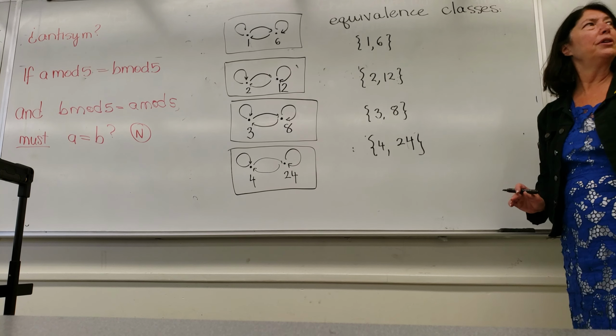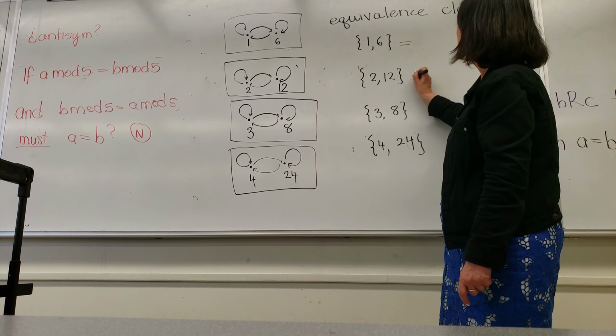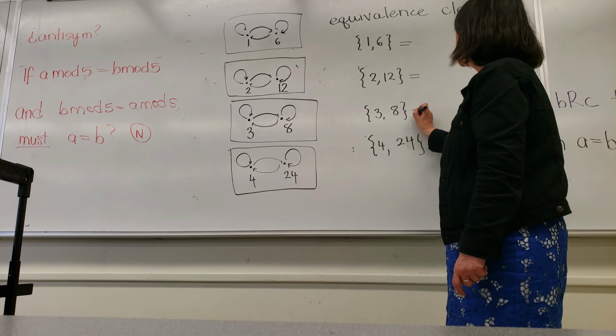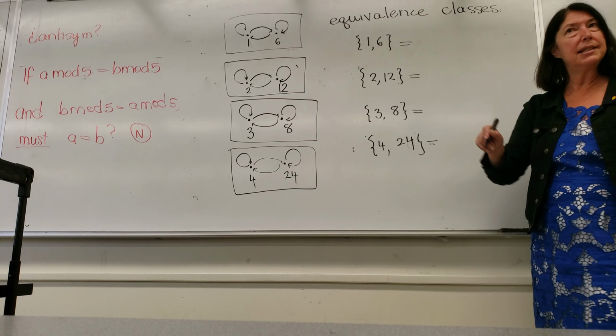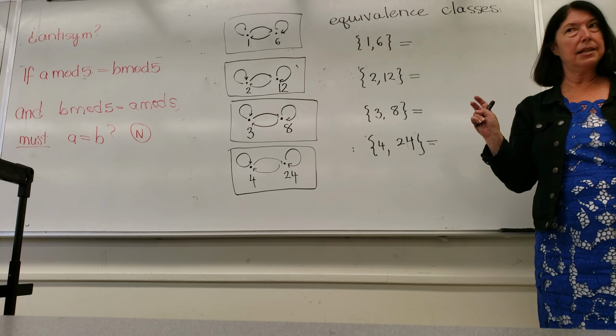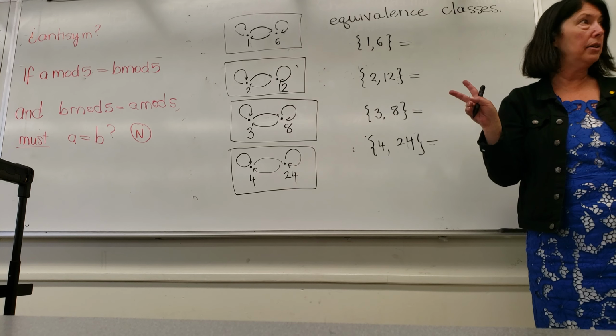And I think what your book is also going to do is, this is kind of silly notation, but we often pick one member of each of these equivalence classes to represent the class. Just like the class president or whatever.